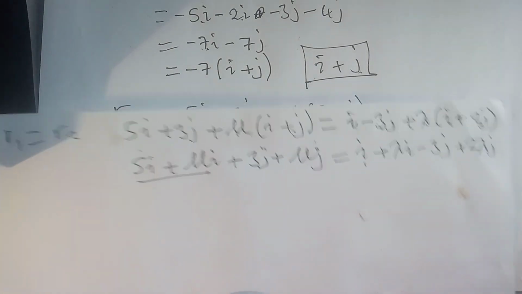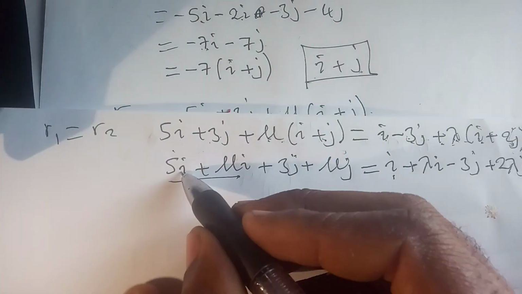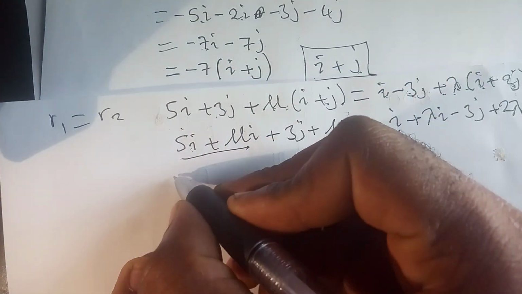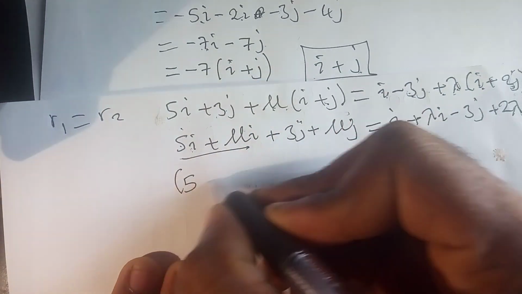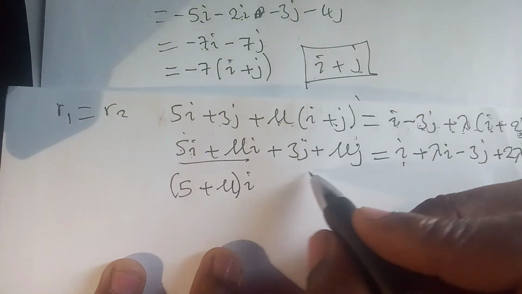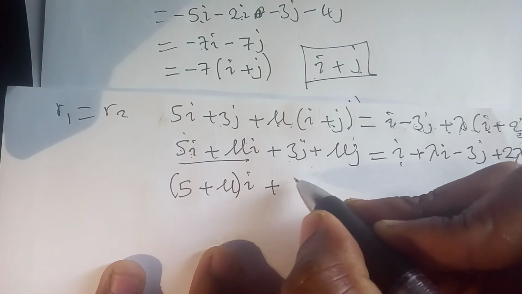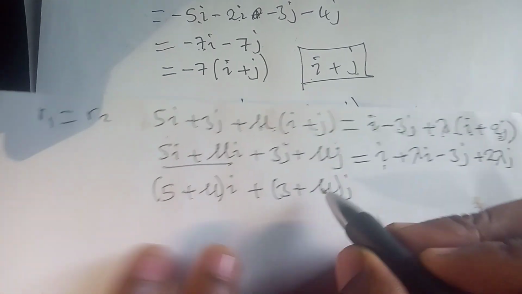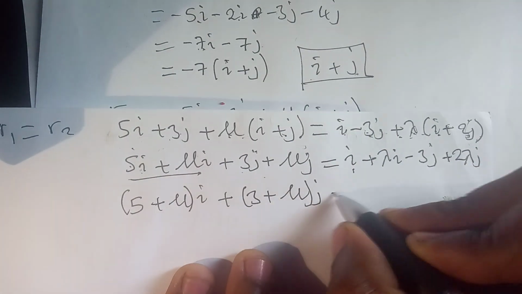And then at this point, I can factor the i's and the j's. So this one will be 5 plus mu I, and then this one will be 3 plus mu j when you factor the j out.